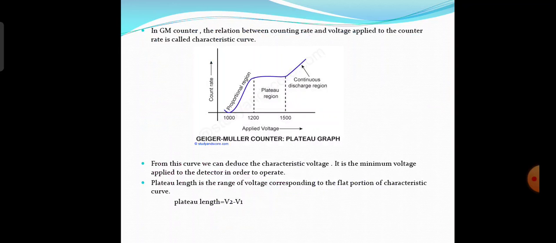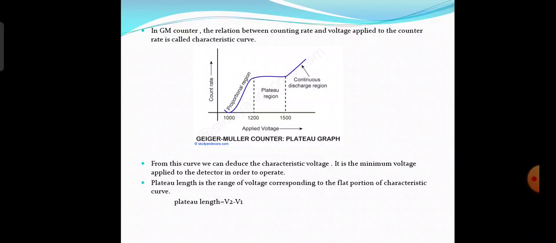Here we can see a plateau graph of the GM counter with the x-axis marked with the applied voltage and the y-axis with the count rate. There is a proportional region in which the count rate increases with the applied voltage, and thereafter it comes to a constant value which is called the plateau region, and then it goes to the continuous discharge region.